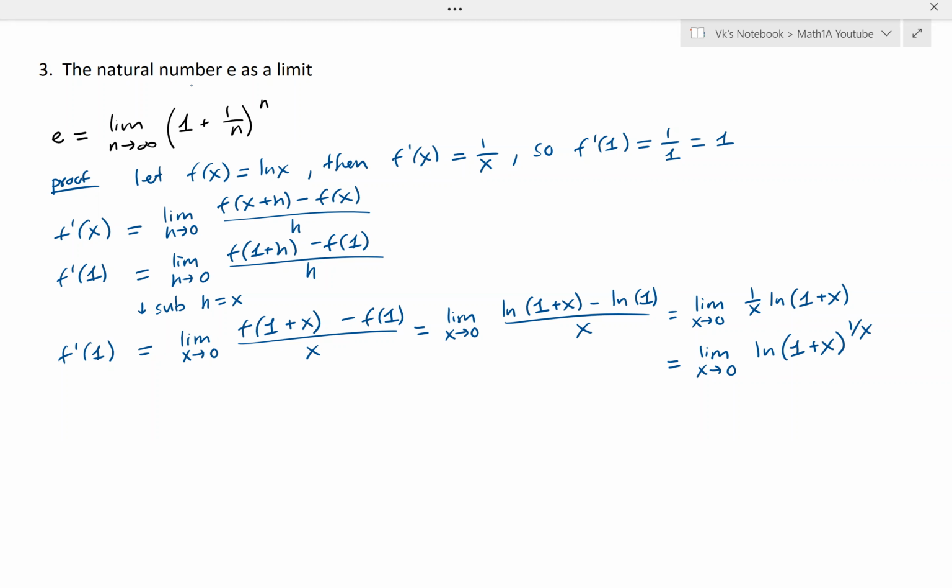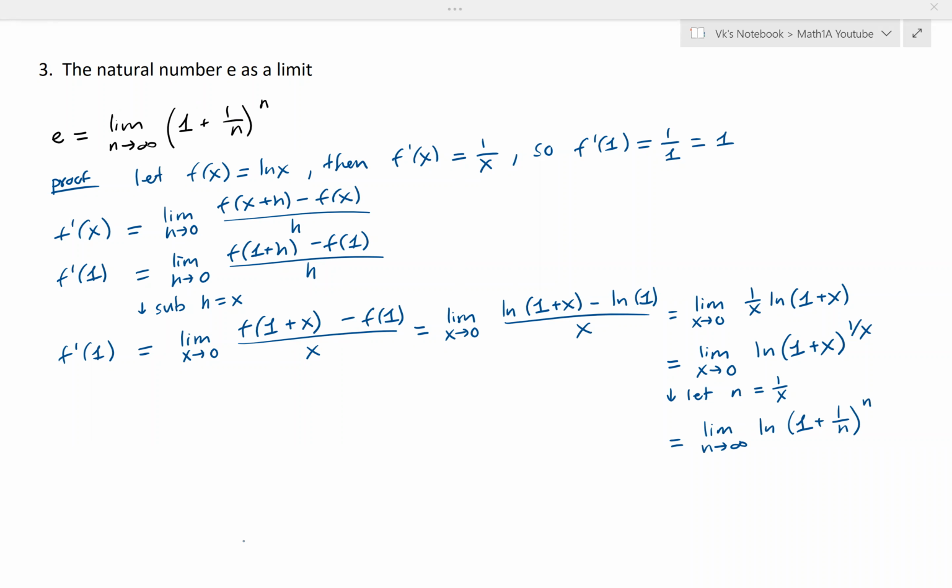Now we can let n equal 1 over x. So this is the same as the limit as x goes to 0, n goes to infinity, of ln (1 plus 1 over n) to the power n.